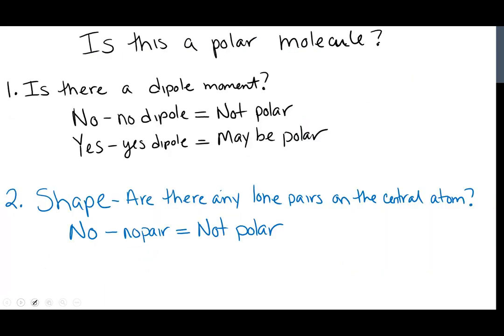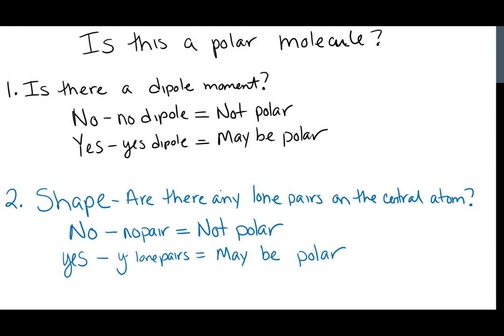So, are there lone pairs on the central atom? If the answer is yes, lone pairs, again, it may be polar. Okay?